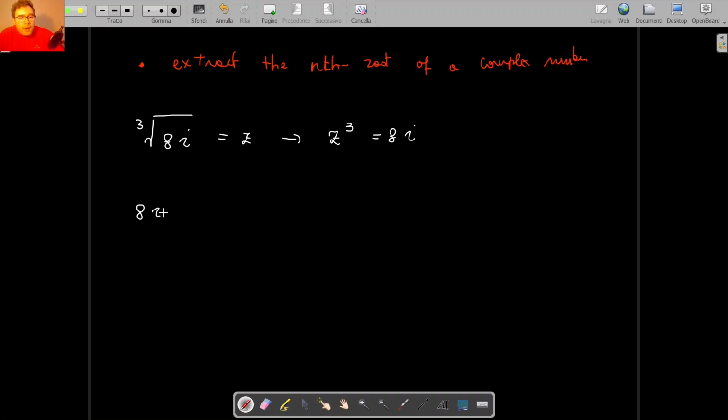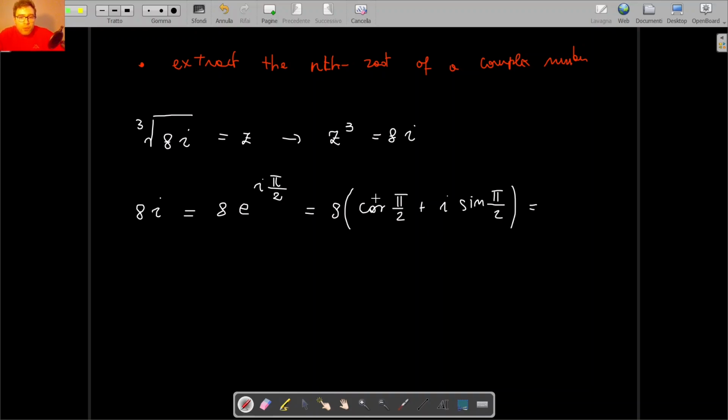We know that 8i is evidently a complex number with modulus 8, and we know that the imaginary unit can also be written as e raised to i pi over 2, because we can write this exponential as cosine of pi over 2 plus i, which multiplies sine of pi over 2.